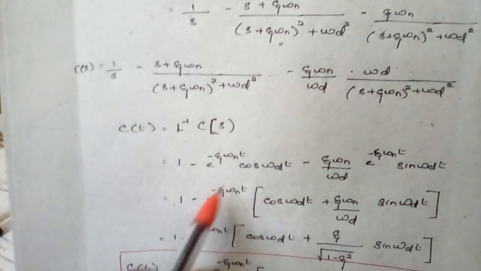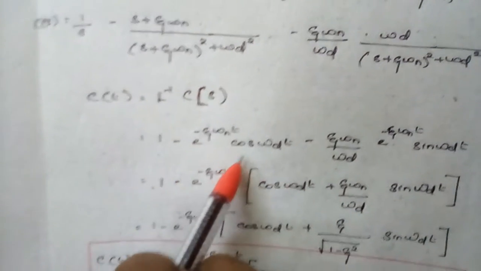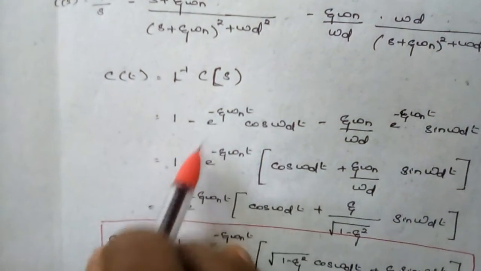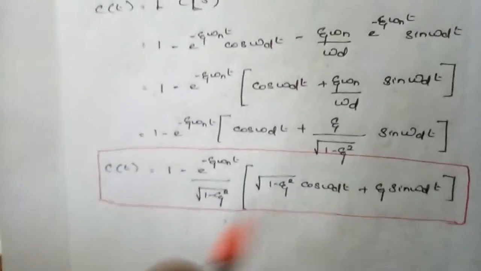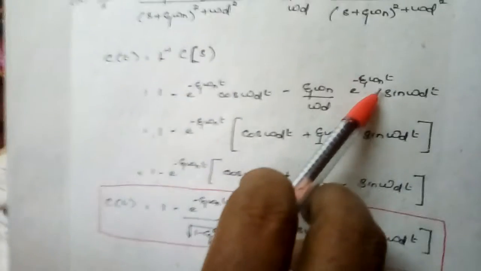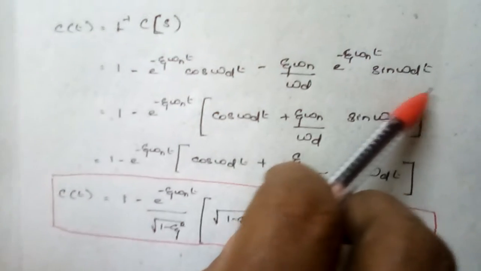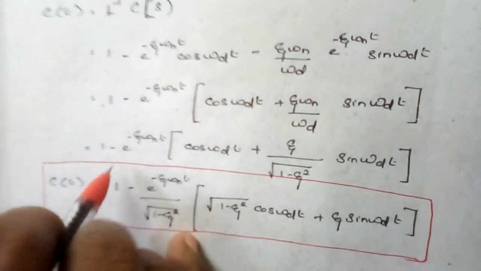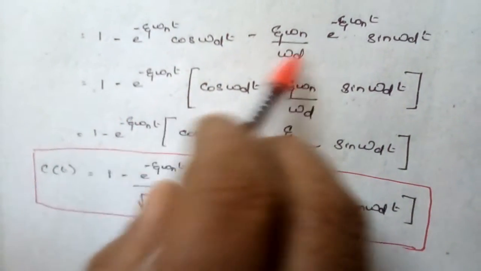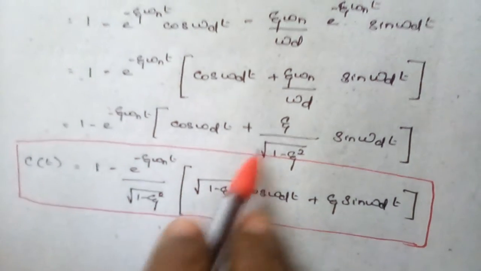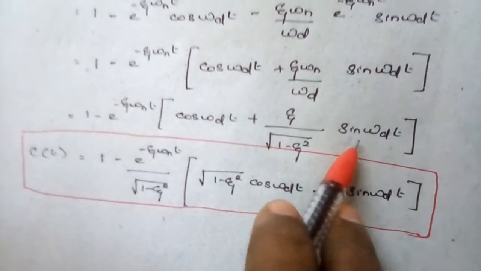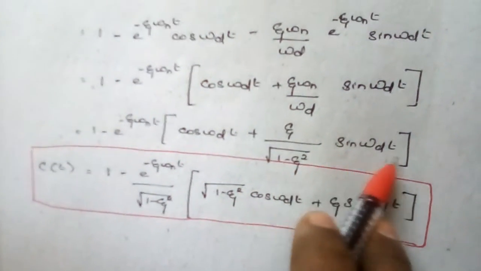For this term, I get e power minus zeta omega n t cos omega d t. The Laplace transform for each function was already discussed in the control system videos, so go through those videos once again. For this term, I get e power minus zeta omega n t into sine omega d t. Taking the common terms outside, I get cos omega d t plus zeta by root of 1 minus zeta square into sine omega d t.